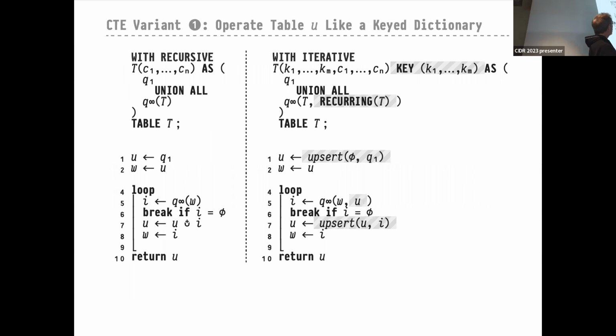So that would be the original Q loop, the original semantics of recursive CTE. That would be one of the modifications that we proposed, the key dictionary variant.